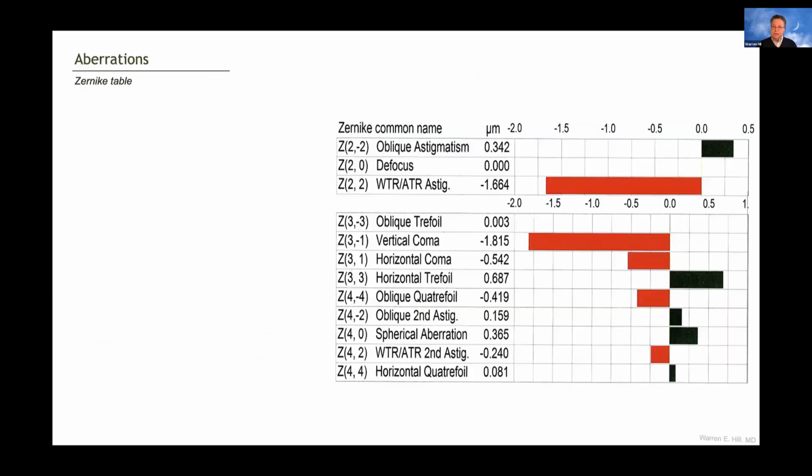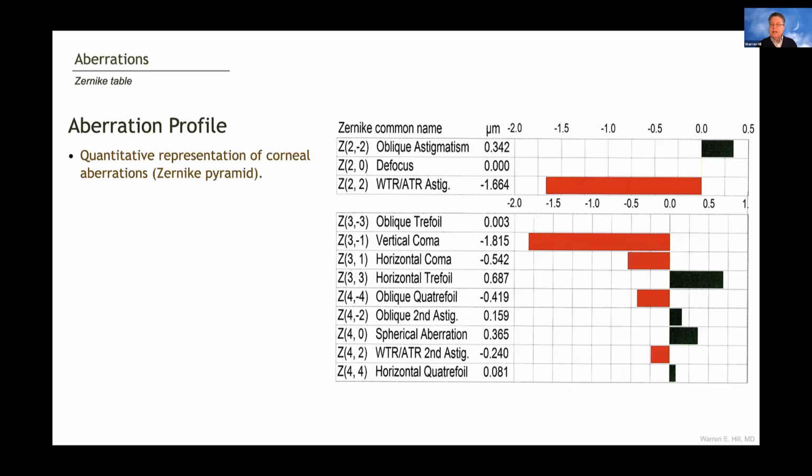Now, one of the things we're going to be spending a lot of time on during this webinar is an aberration profile. And the aberration profile is a kind of a quantitative representation of the Zernike pyramid. And it's extremely useful for understanding the reason for reduction in visual quality. And we'll talk about how that aligns exactly with image contrast.